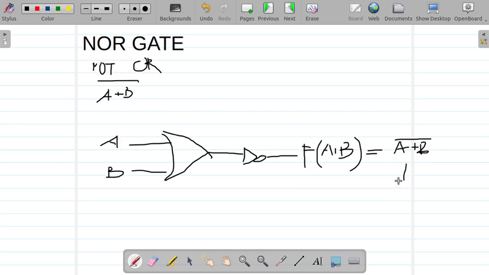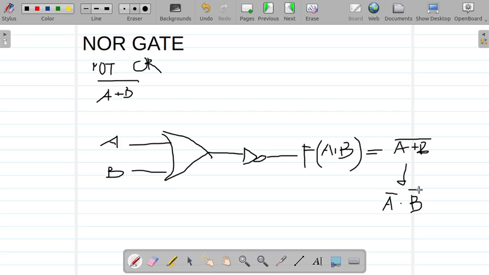Using De Morgan's theorem, if you want to separate it, you can separate the complement: complement A, change the sign in the middle into AND, then complement B.